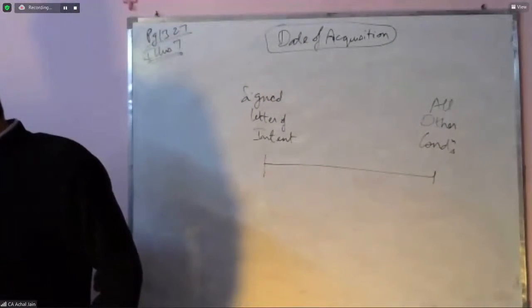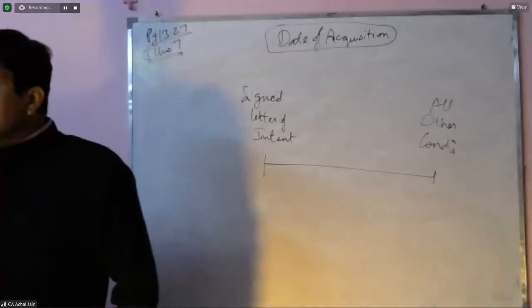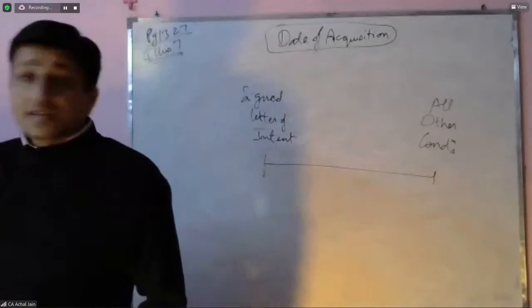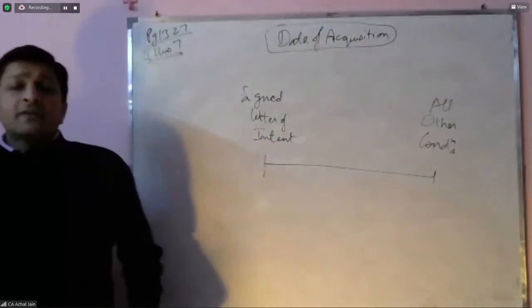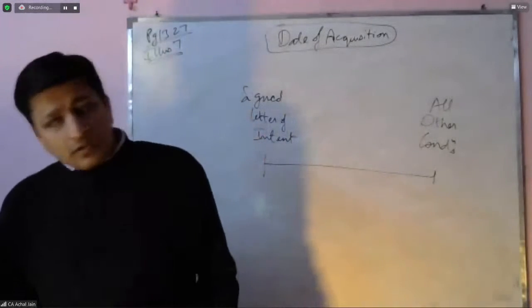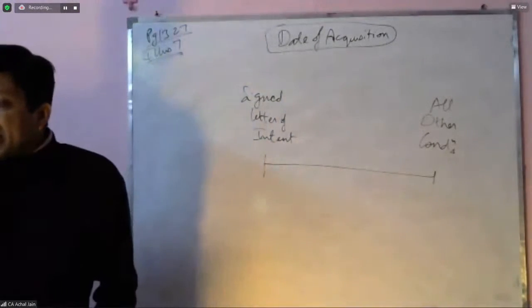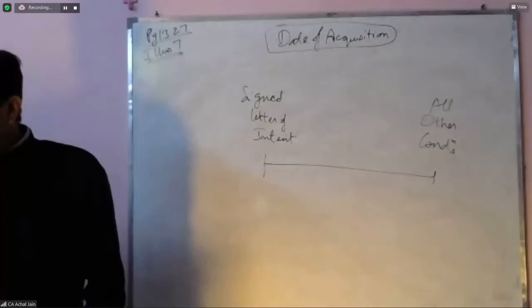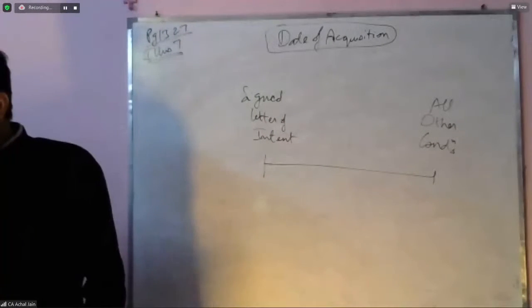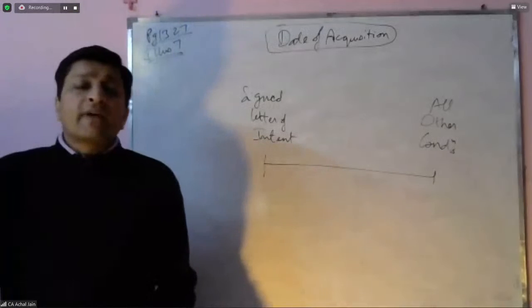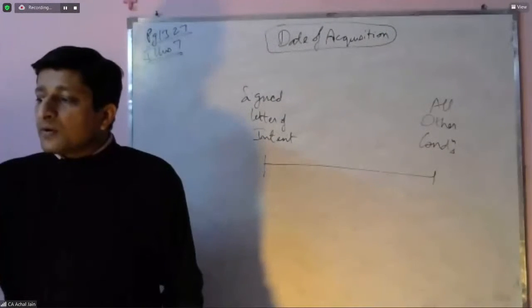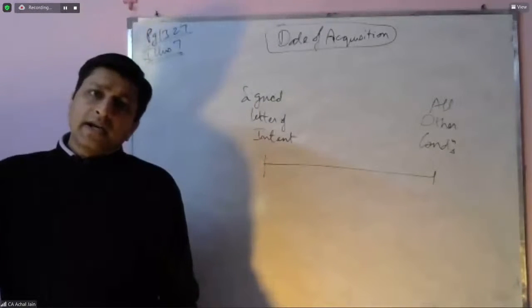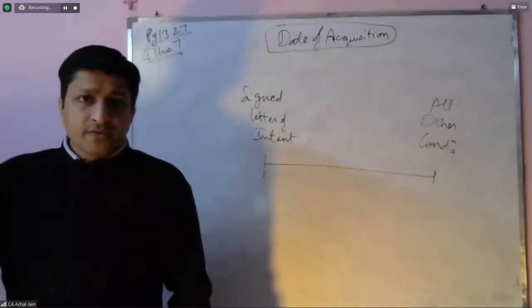Tell me quickly. Now, in this example, illustration number 7, should we say that this should become the date of acquisition? No? Okay. As per the requirement of the standard, a non-binding letter of intent does not effectively transfer control, and hence this cannot be considered as the basis for determining the date of acquisition.